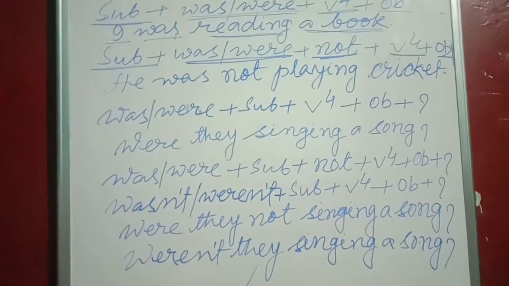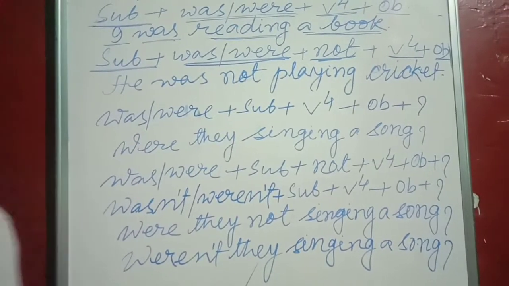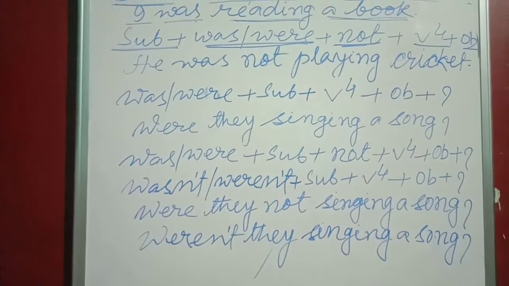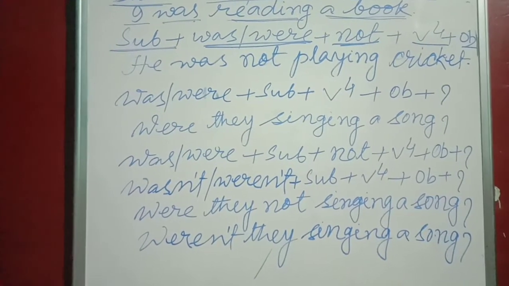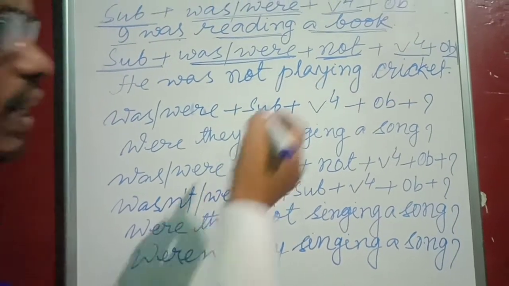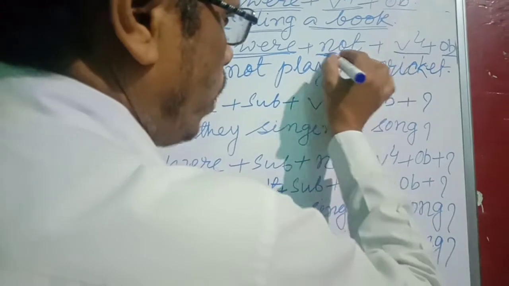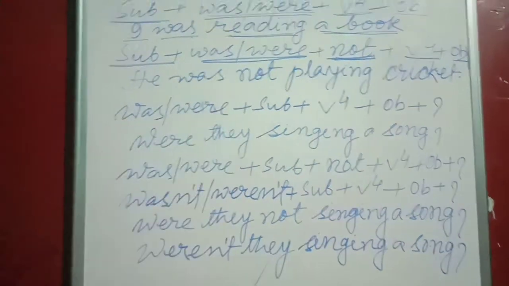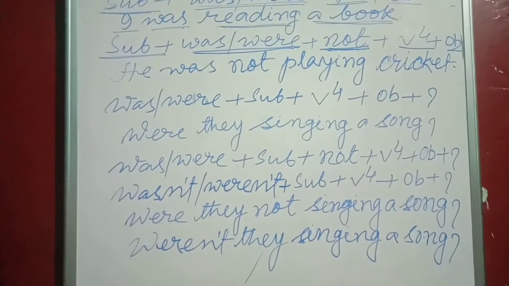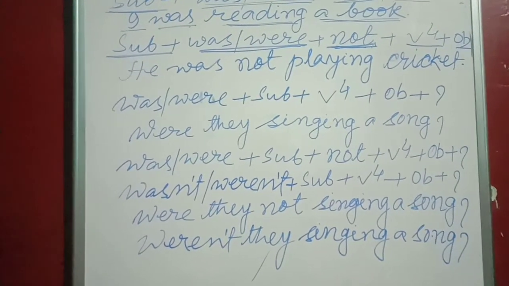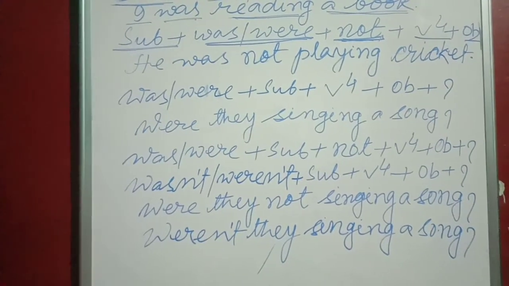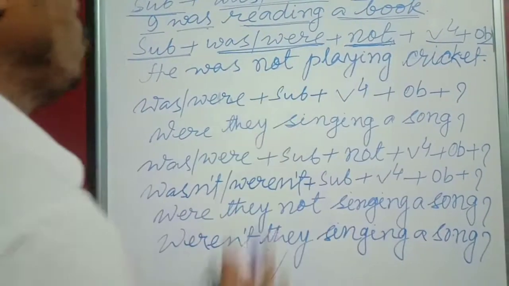So what is the difference between the positive statement and the negative statement? The difference is very slight. It is one word, the negative word of the sentence, that is not. In positive statements there is no negative word, but in negative statements we have to put the negative word not.